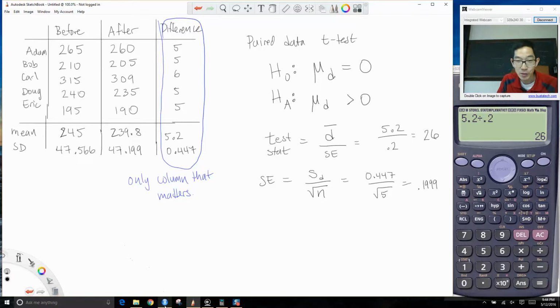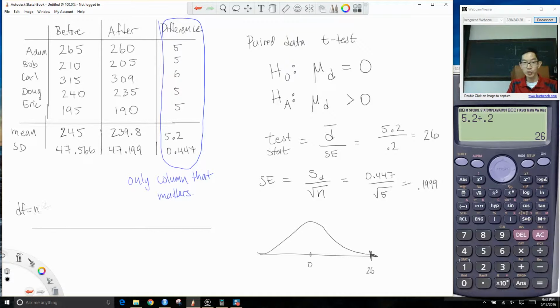And so now I would look this up. Here is 0, and now I'm at 26, and I want to know what's the area over here. Well, we would look this up now in the table with n minus 1 degrees of freedom. So degrees of freedom would be n minus 1. I only have 4 degrees of freedom now.